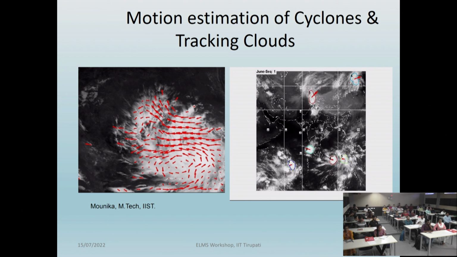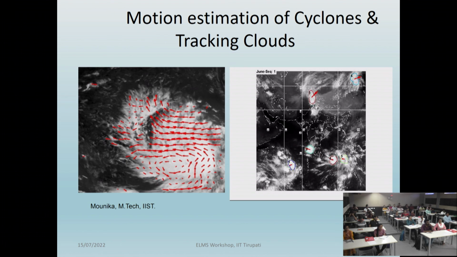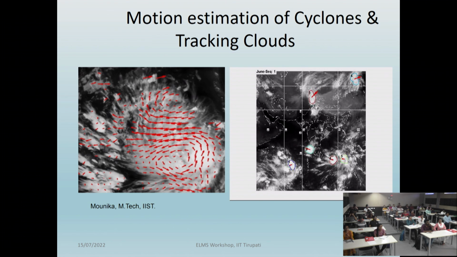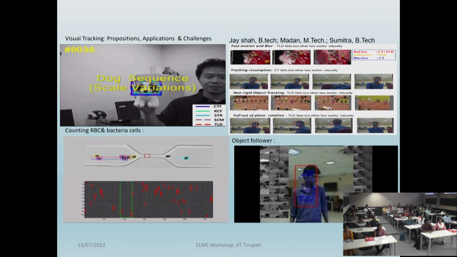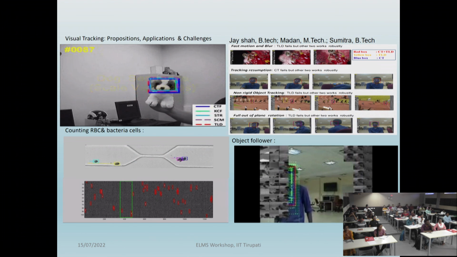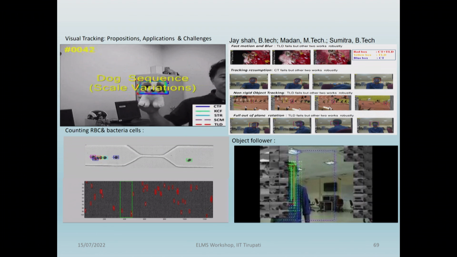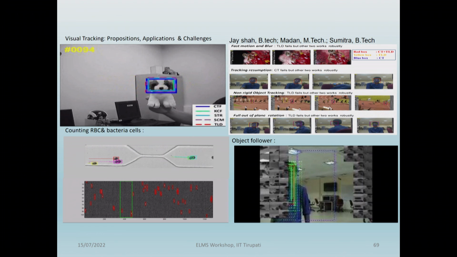Here are some examples of clustering, where the clustering of clouds happens, and you can see this video. Here are some other examples where tracking of different objects is happening.